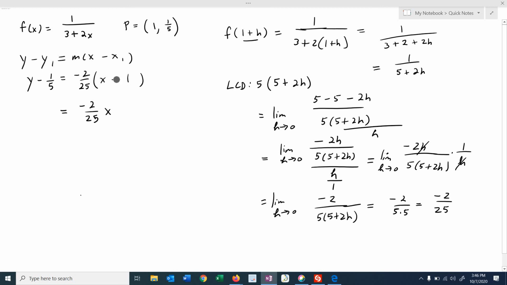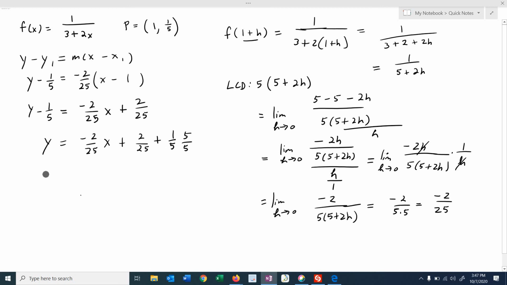Of course, when you distribute to the negative 1, really, you get a plus, because you have a minus times a minus. And then we get to add this 1/5 to the right-hand side. And of course, you're going to need a common denominator here in order to add these. So let's multiply this by 5 over 5.